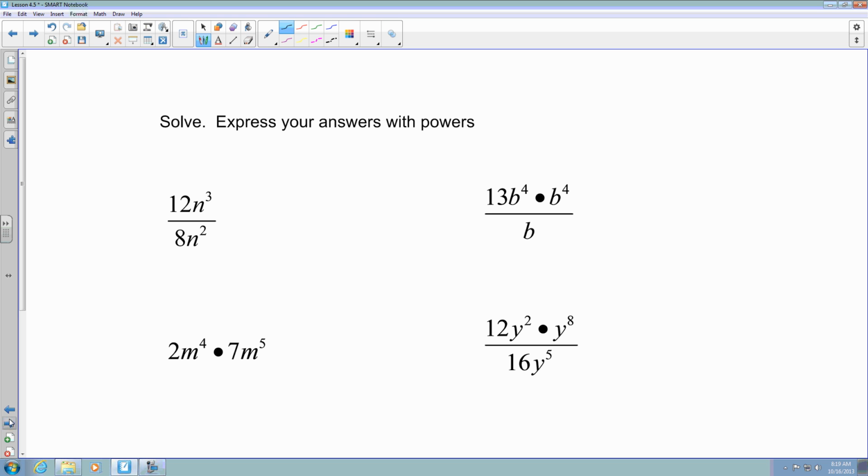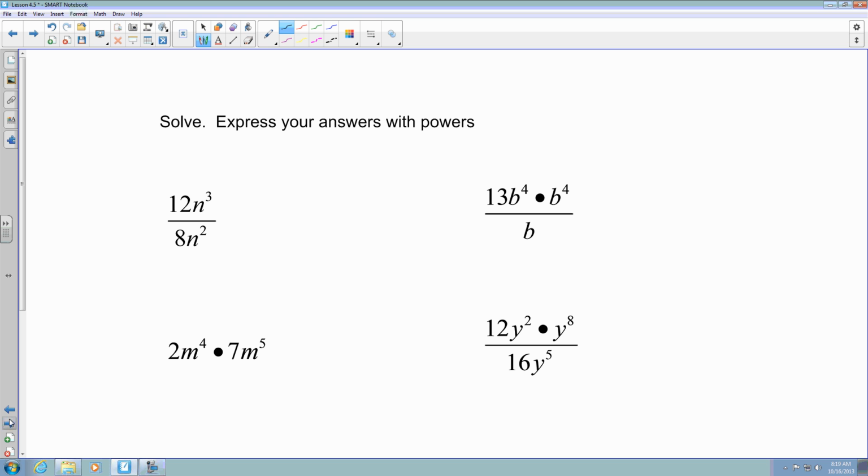Then you can worry about the values with the same base and perform either the product of powers property or the quotient of powers property. So for this first one, I have 12n cubed divided by 8n squared.